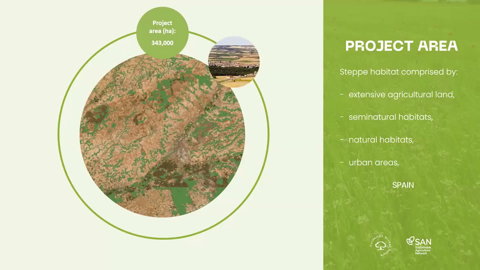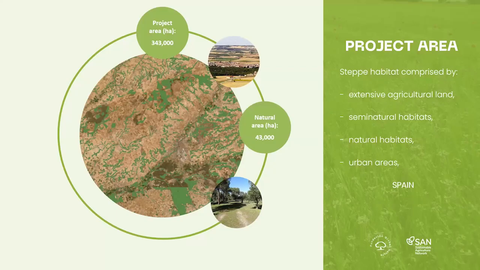So it is a steppe area with extensive agricultural lands, semi-natural habitats, also natural habitats as you see here, pasture, forests, dehesas, and those natural habitats are the pieces in green, and they cover 43,000 hectares in our sourcing region in this case. Urban areas as well, there is a city just in the middle of it. So this is the landscape in which we work.